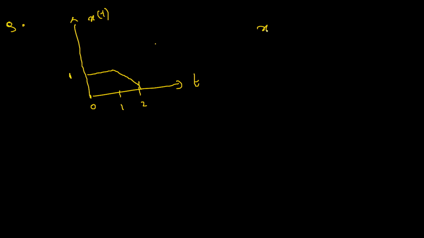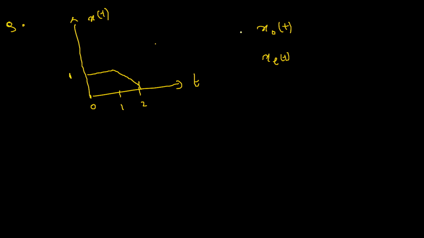So let's say I have this particular graph, x of t, and on the x-axis it's t, so 0, 1, and 2. So this is 1. This is the function that we're given, and we're expected to find the odd part and the even part of this function.